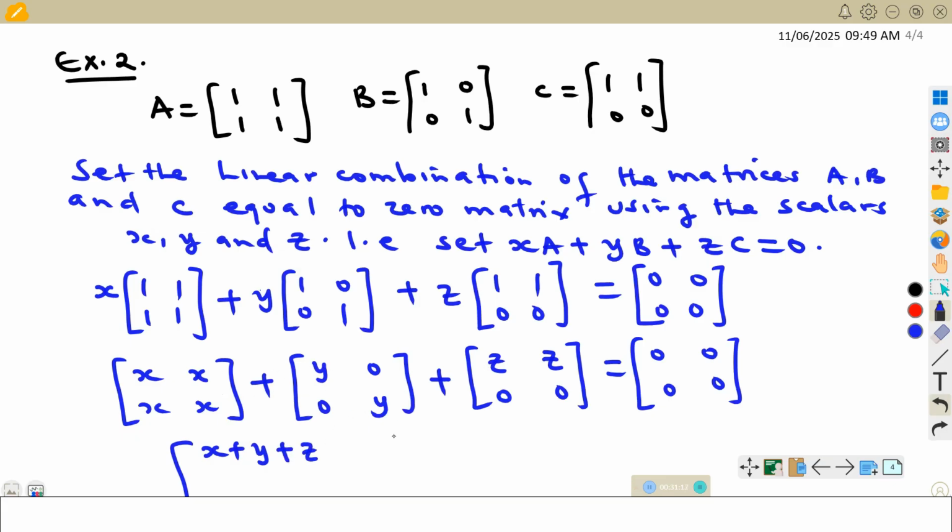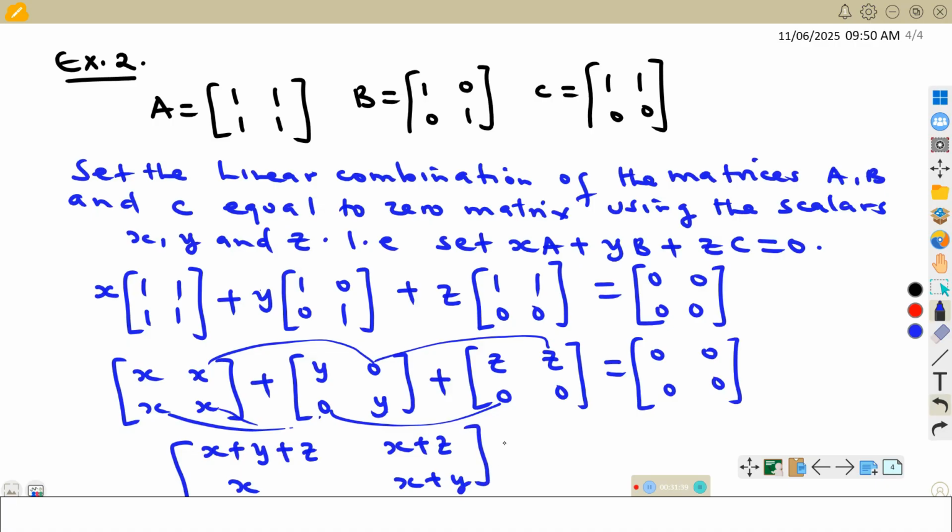The second is x plus 0 plus z, that is x plus z. Next, x with 0 and 0, so that is x. Next, x with y and 0, that is x plus y. And this should be equal to 0, 0, 0, and 0. So that is basically what we have.